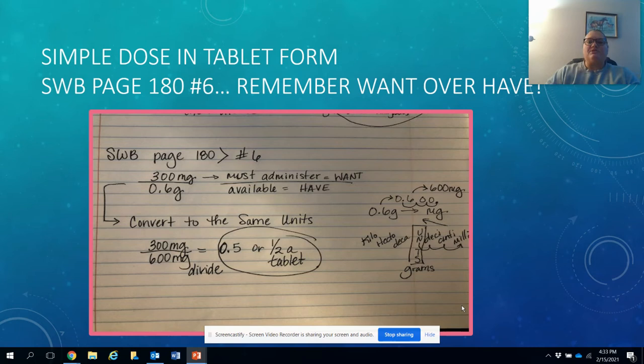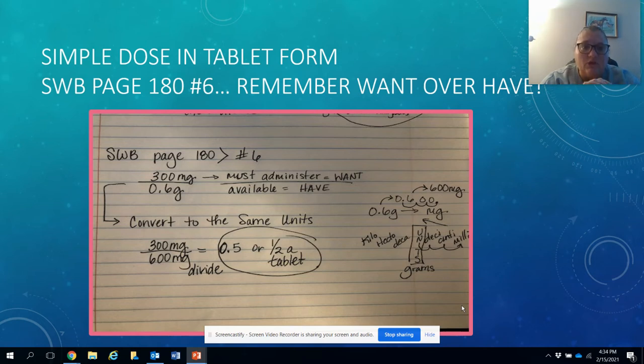All right, we're looking at number 6 now, and remember you have want over have. So number 6 now on page 180. You must administer, which is your want, 300 milligrams, over available, which is have, so you need to convert that to the same units.